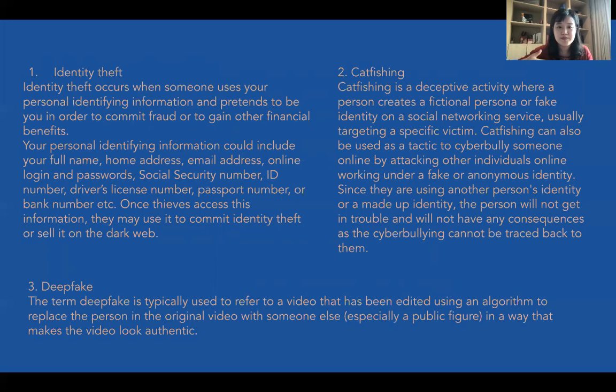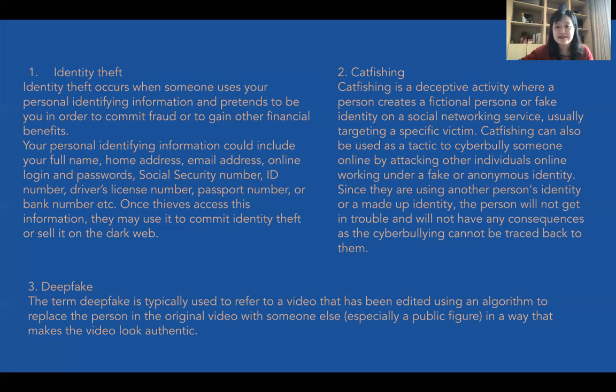Your personal information includes your full name, address, email address, online login passwords, your ID number, your license, etc. Once thieves access this information, they use it to commit identity theft or sell it on the dark web, right?